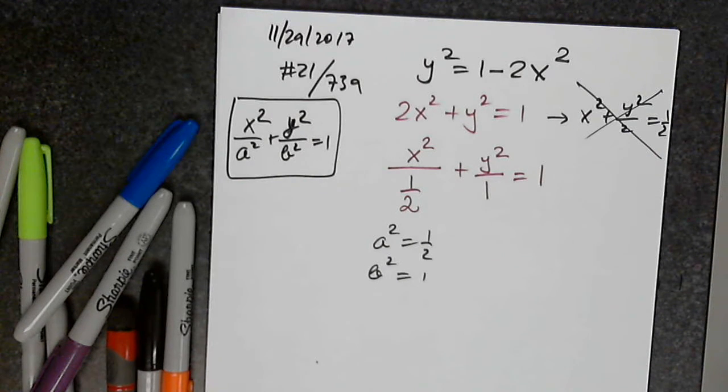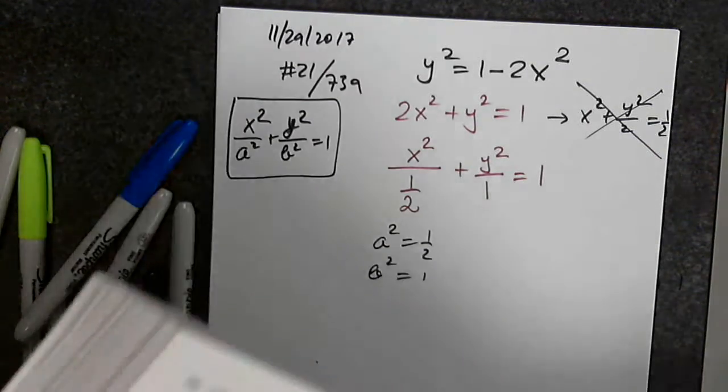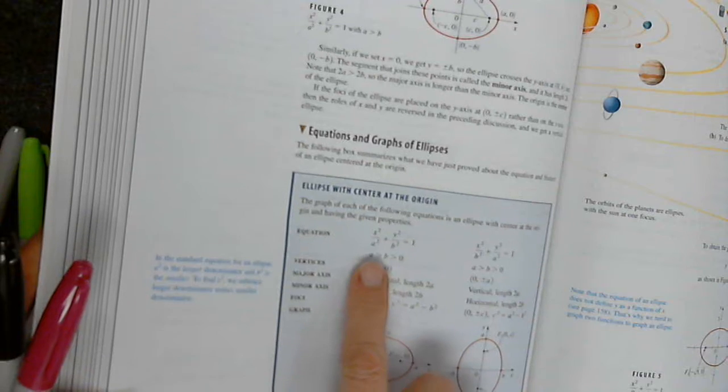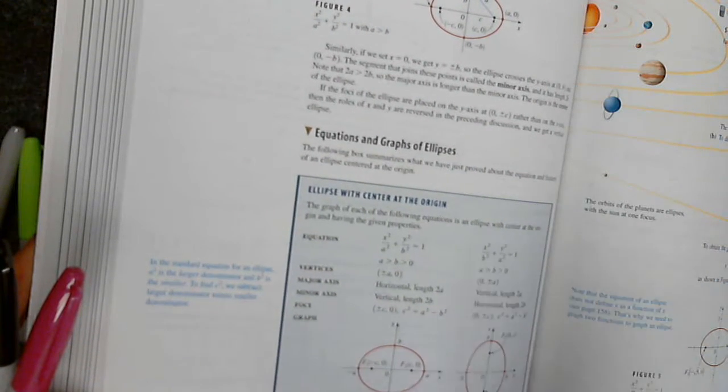Now, it doesn't matter how you want to look at it. Your book says that if A is greater than B, then A should be in the first spot, which means the ellipse is along the x-axis. They're switching the notation, and I don't recommend it.